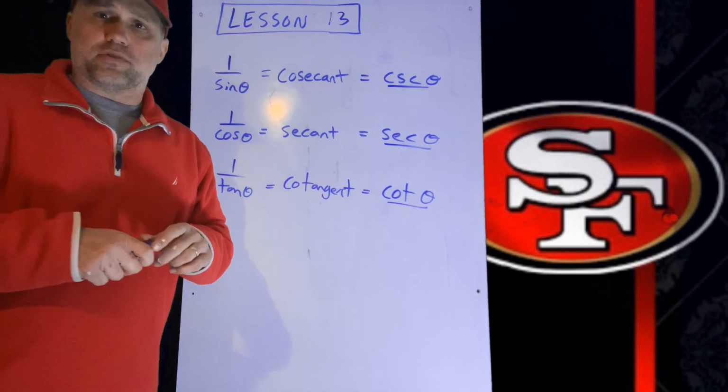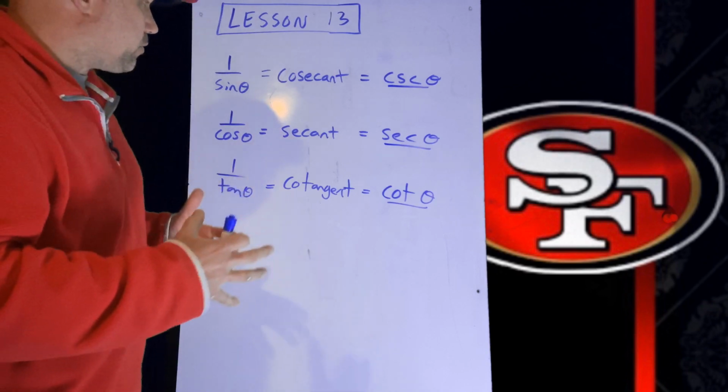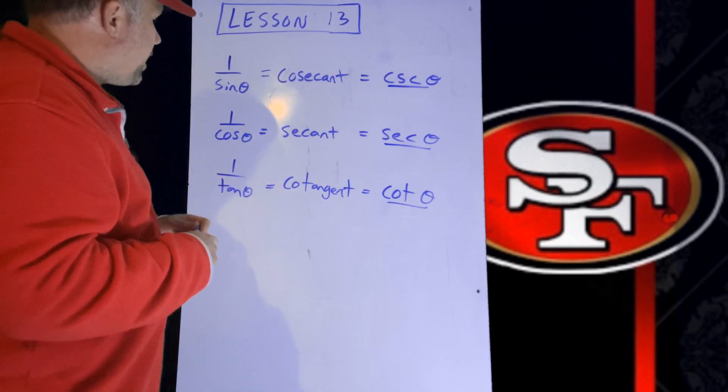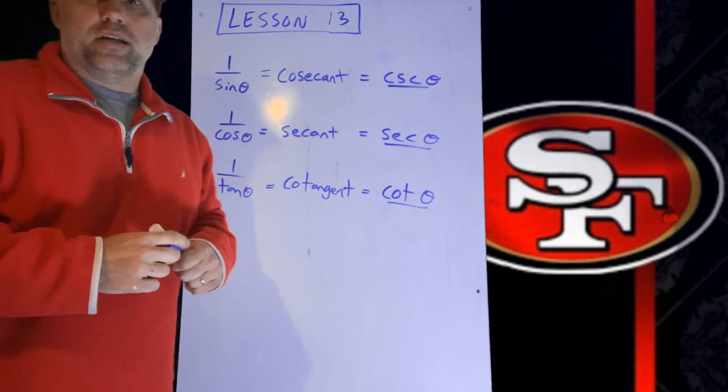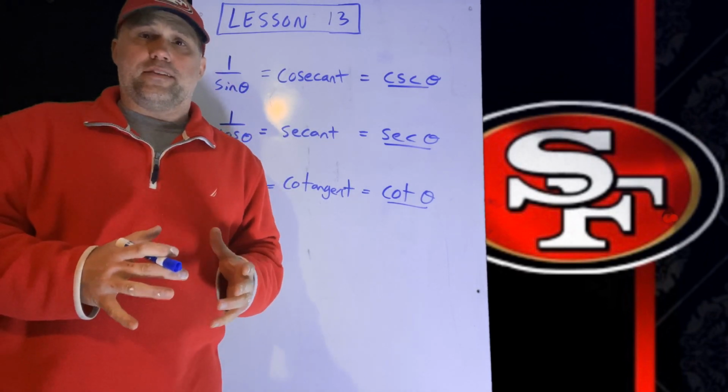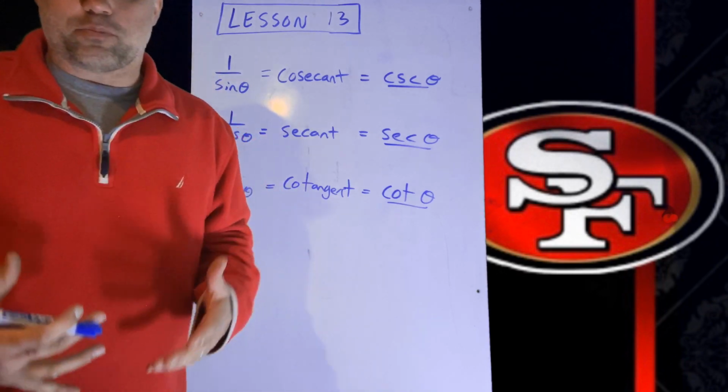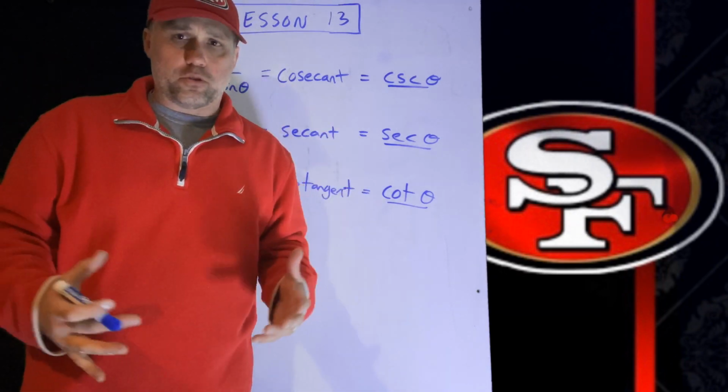They have special names. Now I know probably some of you are thinking, why wouldn't cosecant go with cosine and secant go with sine? There are reasons for that, and I don't want to get into that long explanation right now and confuse you with all these diagrams.